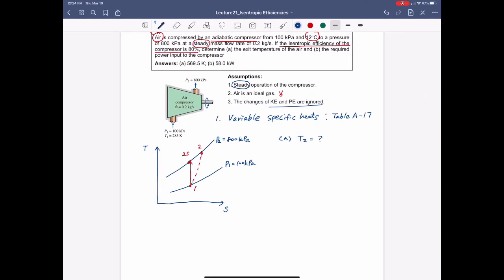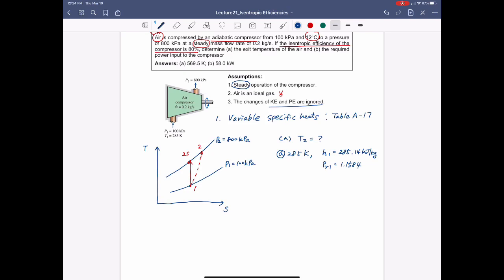Because we do know how pressure will change from 1 to 2, what we may need at this point is, at 285 Kelvin, H1, that is 285.14 kilojoule per kilogram, and also the reduced pressure at 1, which is 1.1584.